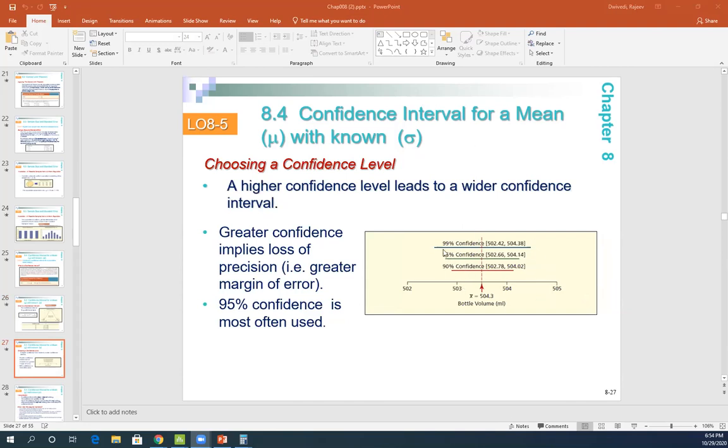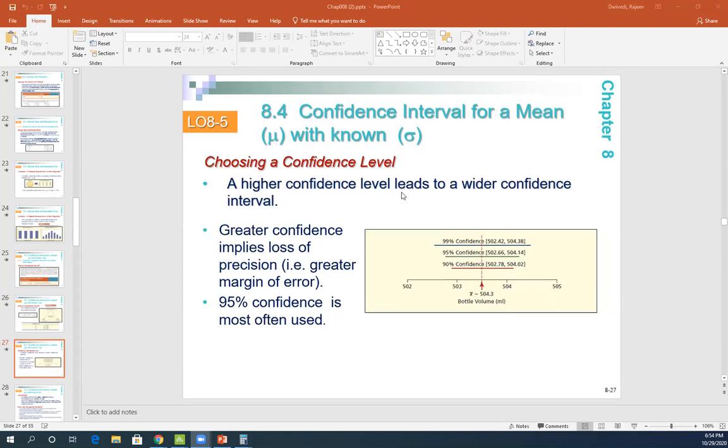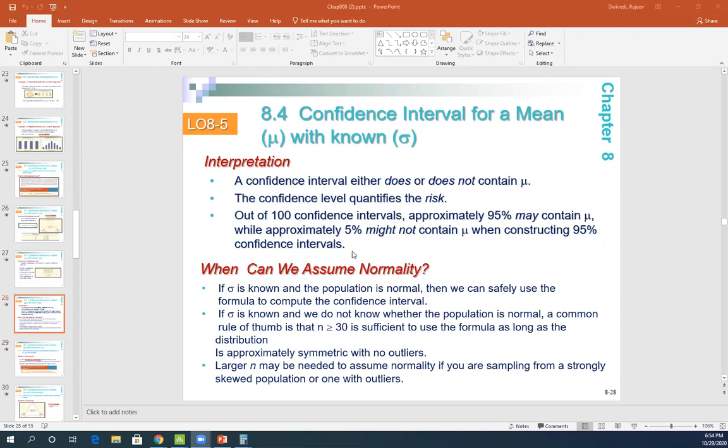This slide explains that 99% gives a bigger range, 95 is medium, and 90 is lower. So higher confidence level leads to wider confidence interval. Greater confidence implies loss of precision, meaning you have the risk of a greater margin of error.